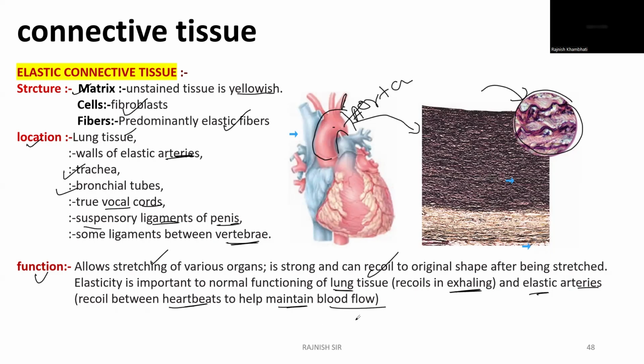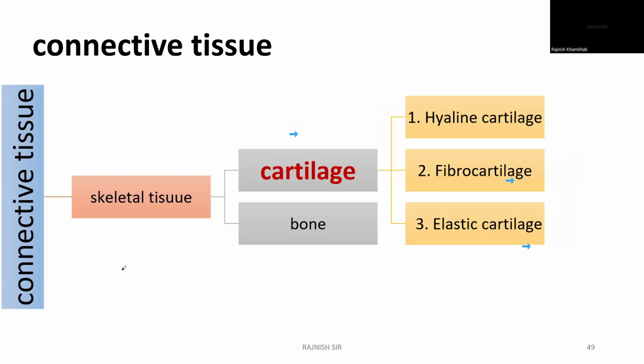During that time it creates high pressure, and in between two heartbeats the blood vessels recoil again, so they never normally break because of the elastic connective tissue present there.